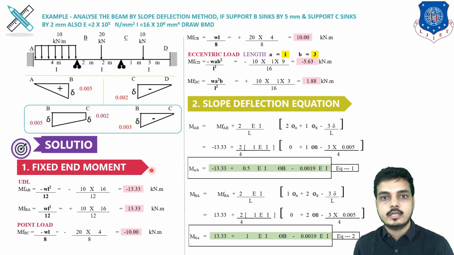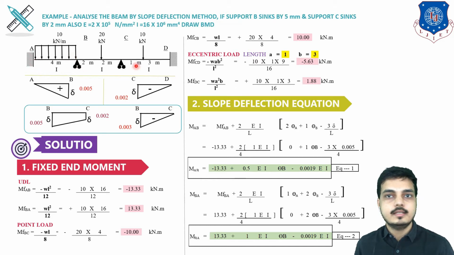MF_AB, which we calculated in step number 1, is minus 13.33. Here only a single unit I is given, so we will be keeping 1 EI upon L, where the AB span is 4 meter. So till here we have just placed a value. Now theta A: it is a fixed support, so it's not an unknown.